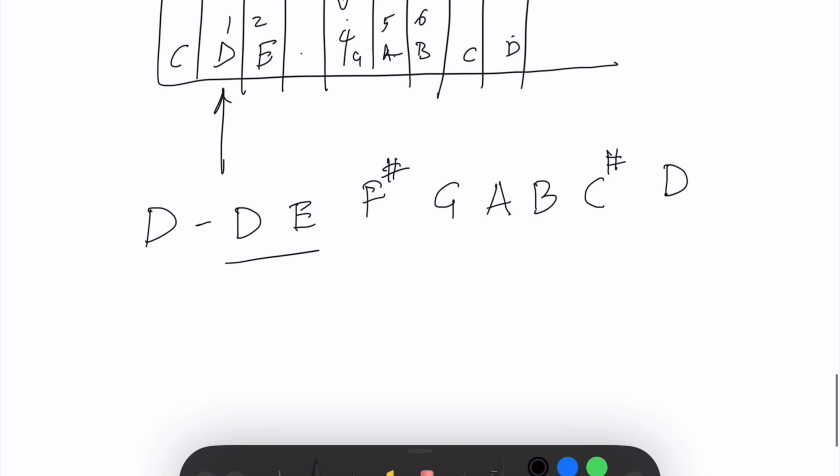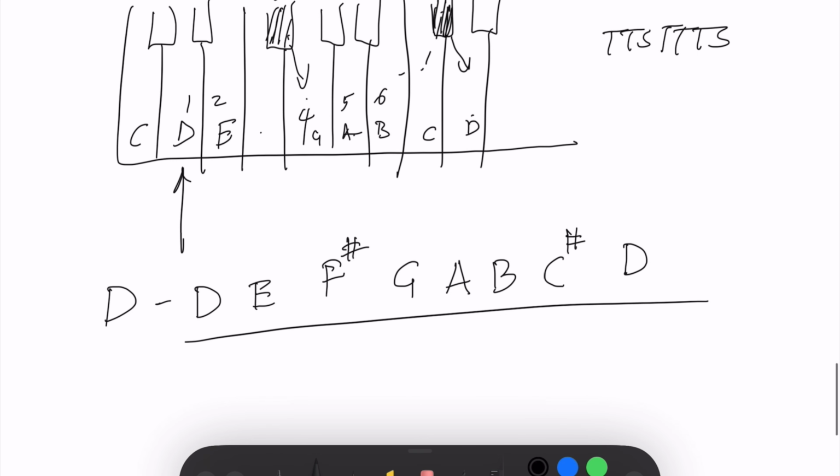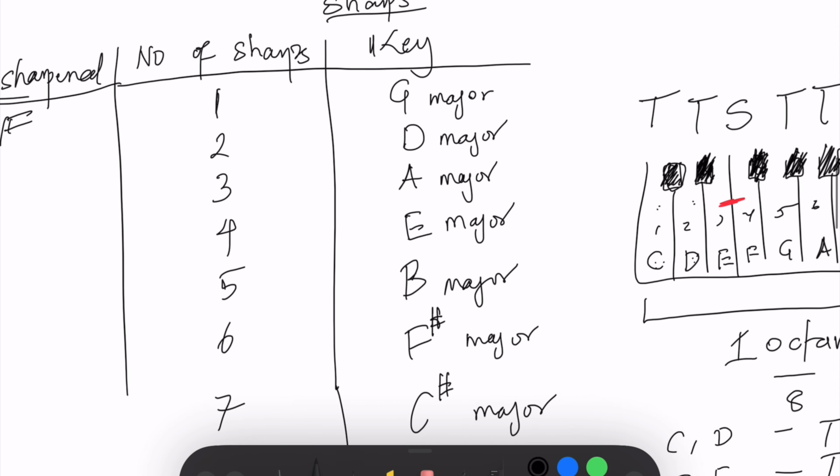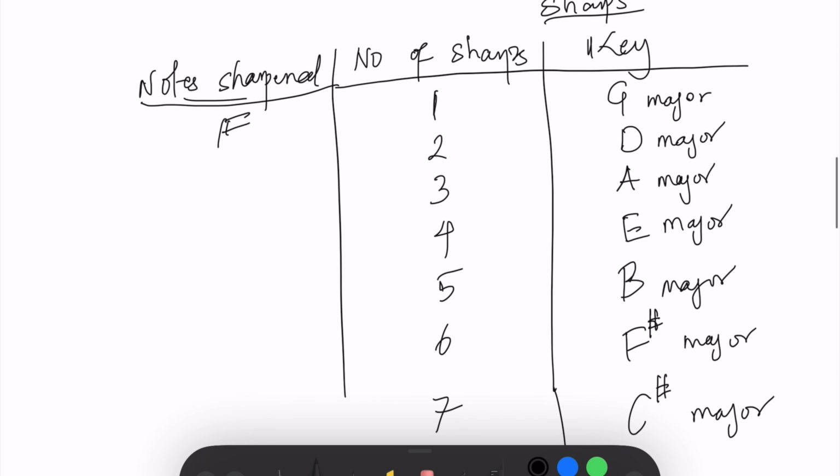So just looking at the key of D, you would see that there are 2 notes that are sharpened, and these notes are F and C. And that brings us again back to the table where we showed that for D major, you have 2 sharps. That means 2 notes are sharpened, and those notes are what? F and C. If we continue like that in this table, we have F, C, G.